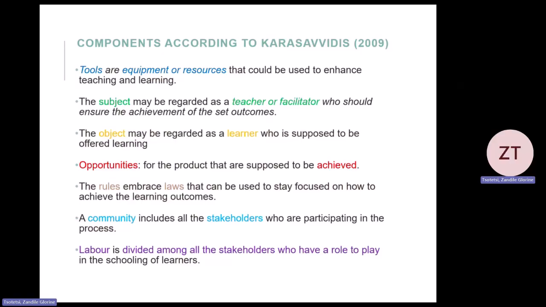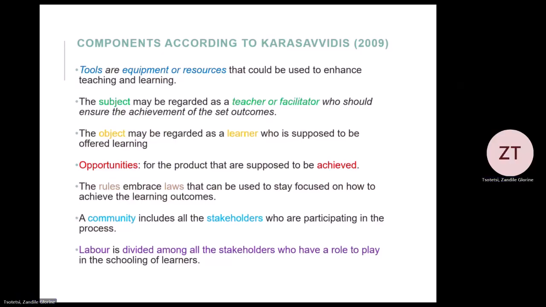And then lastly, labor is divided among all the stakeholders who have a role to play in the schooling of learners. So each and every member in the community has got the labor that they're supposed to do, or a role that they're supposed to do.